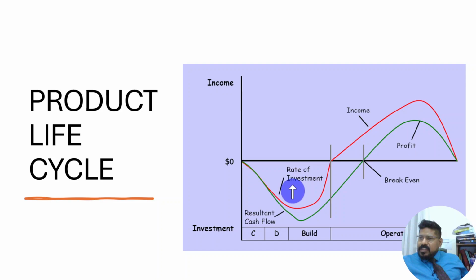So rate of investment is extremely high. And when you start building, you are still paying salaries. So you see here it's a maximum dip because you are paying salaries, you have already hired team, you have purchased land, bricks, mortar, machines, etc.